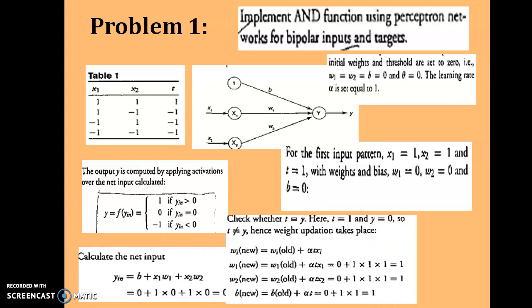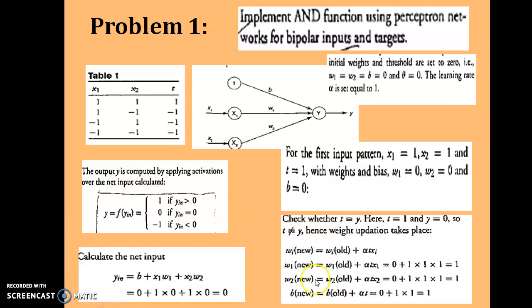We have to update the weight based on the weight updation rule: wi new equals wi old plus alpha into t into xi. First we update the w1 new. Already we assumed w1 old as 0. So 0 plus alpha value 1 into target value we are expecting, that is 1, and the x1 value was 1.